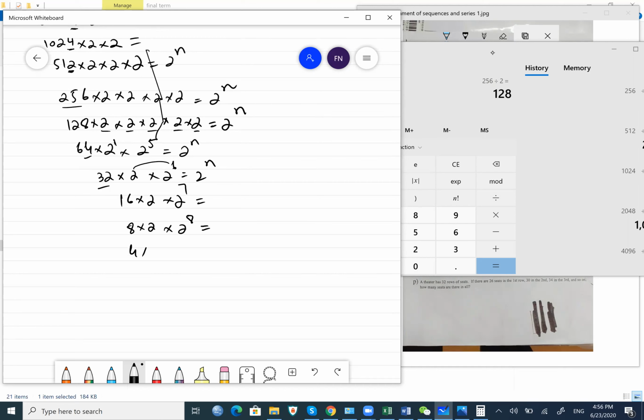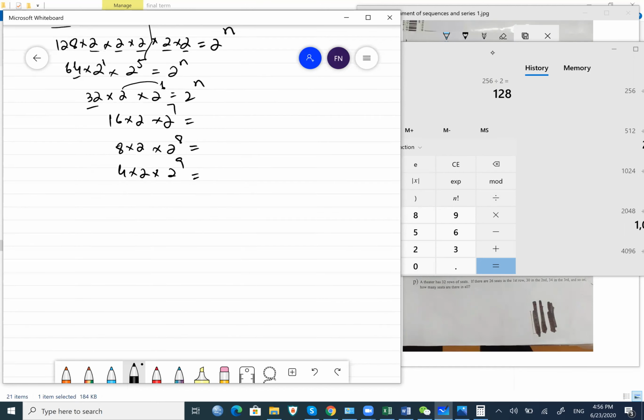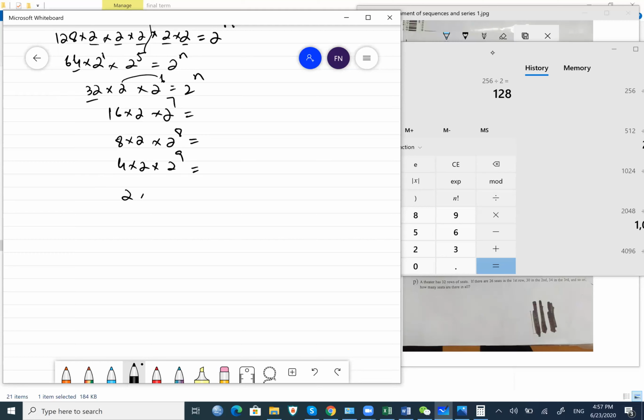Then 4 times 2 raised to power 9, and then 2 raised to power 2 times 2 raised to power 10. And further you can see 1 and 2. So it is 2 raised to power 12 equals 2 raised to power n. Is that clear? Yes. So when bases are same, we can equate their powers. So n equals 12.